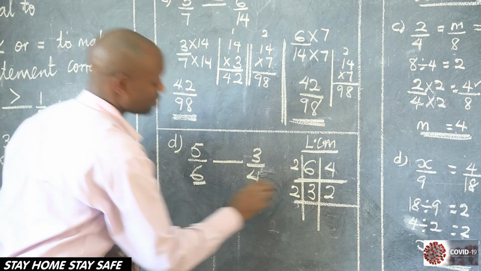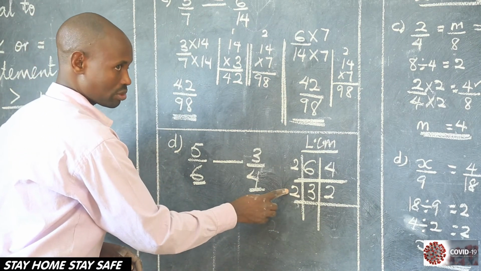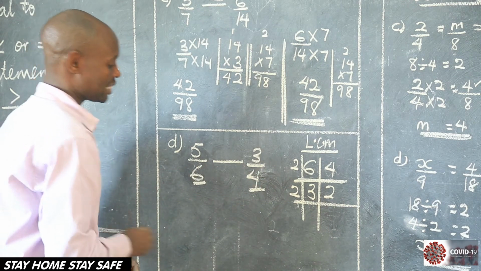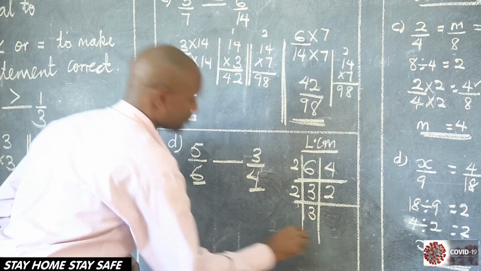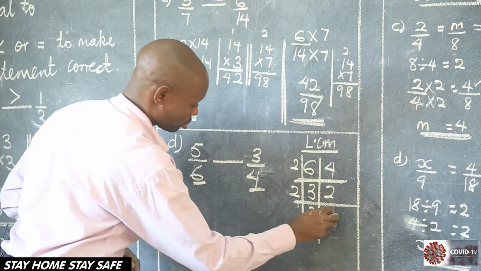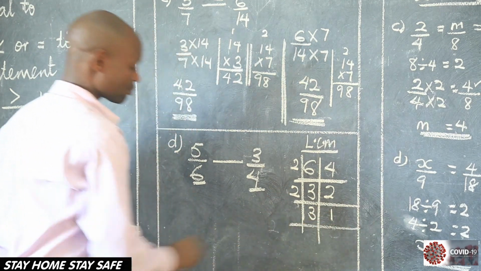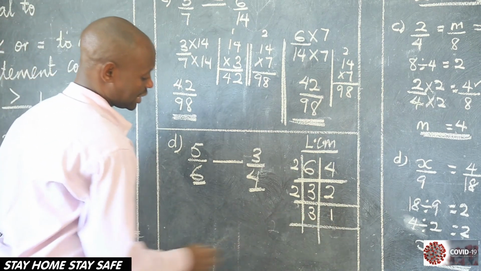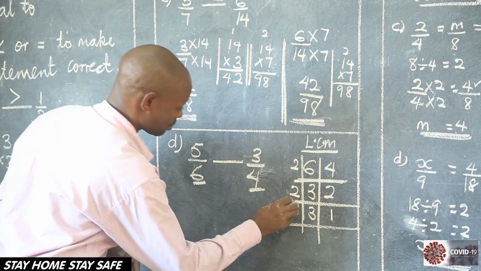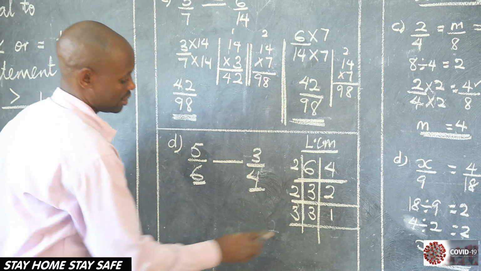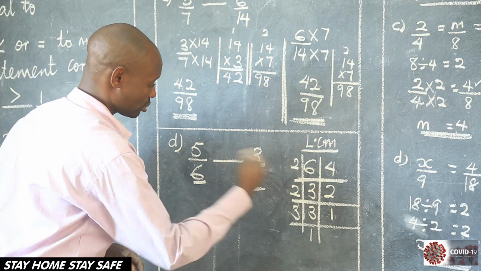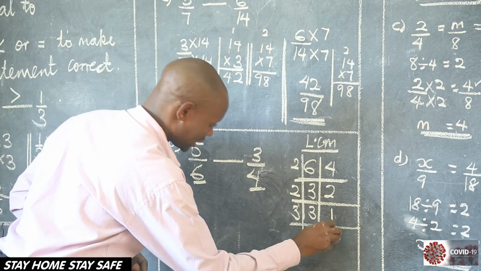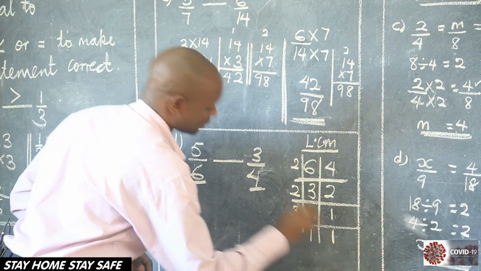Again, we divide by 2. 3 divided by 2, we are going to get remainders, and we don't want remainders, so we reserve the 3. 2 divided by 2, we are getting 1. Can 2 divide any number here? No. So we go to the next prime number, 3. 3 divided by 3, 1. 1 divided by 3, we don't want remainders, so we just write and maintain that number.